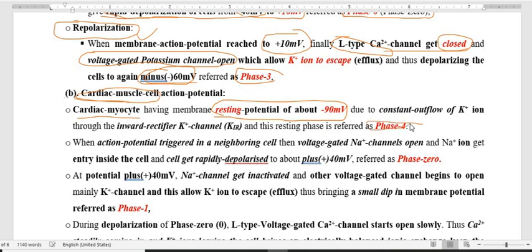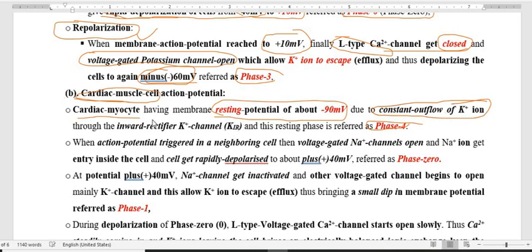phase 4. The resting potential of the cardiac myocyte is maintained at minus 90 millivolt by efflux, the escape or outflow of potassium ion through the potassium channel KIR.